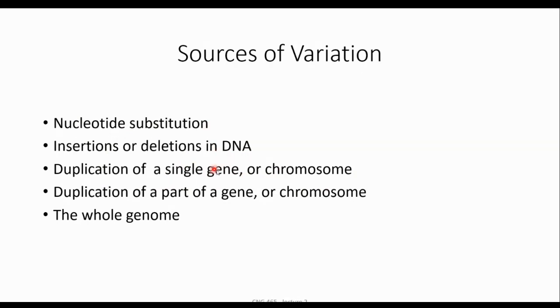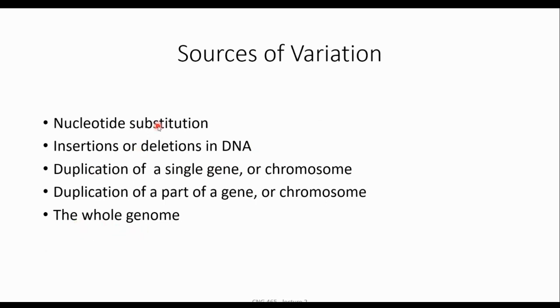And maybe there is just some part of a gene or part of a chromosome. Again, it could lead to big differences, big variation. And if this is the whole genome, then we have a totally new species, like suddenly we have a human instead of a monkey, you know? But these things don't happen overnight.